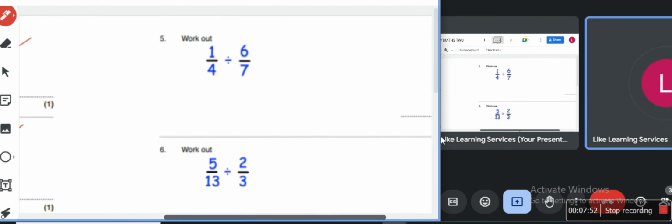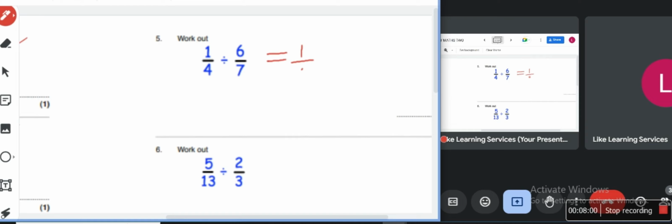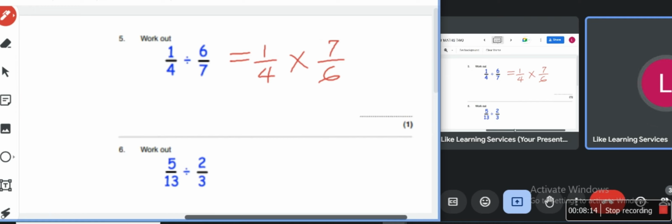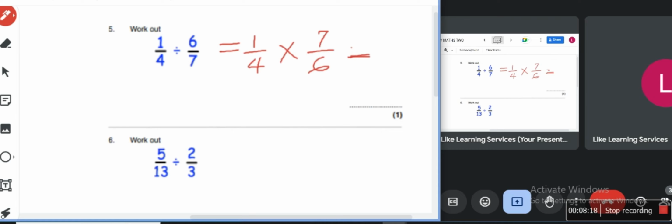This one. Very quickly. You need to start as 1 over 4 times 7 over 6. Is there anything that can cross out up and down? No. Okay, so we just write out the answer. What does it give? 6 over... What did you say?